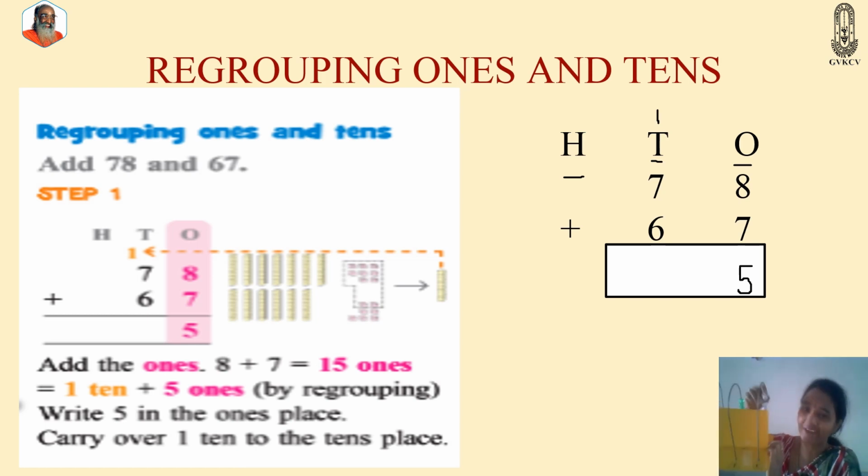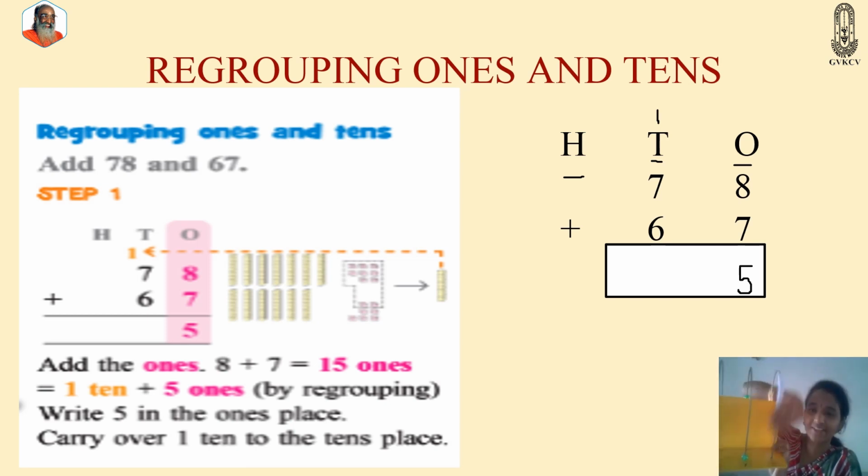In this I am adding, count 1, 2, 3, 4, 5, 6, 7, 8. First 8, next 7. 1, 2. Now this is over. What will I do? I will add it in the tens digit. I am adding 1.